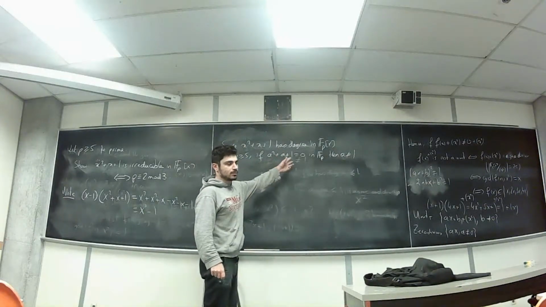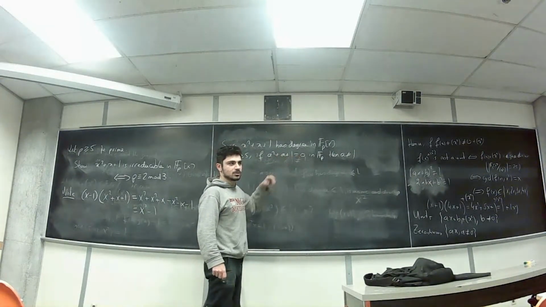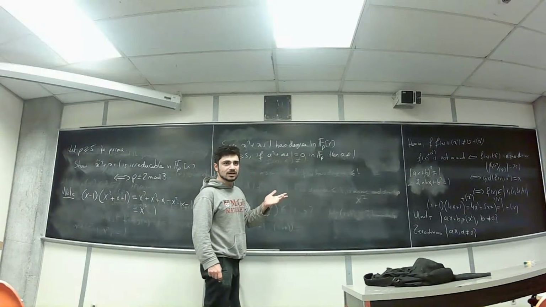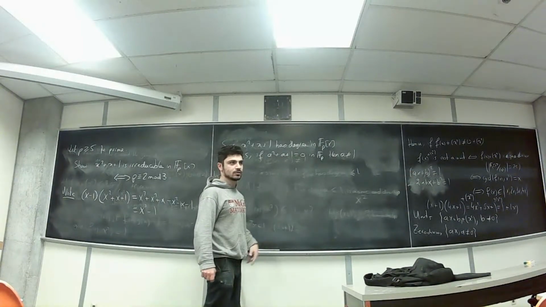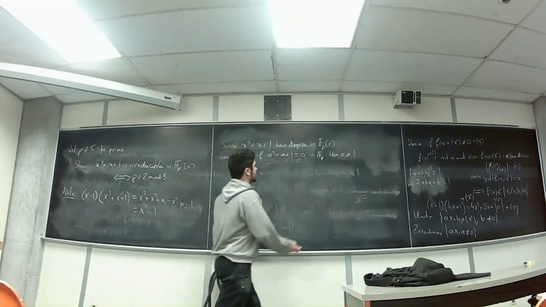Because 3 cannot be congruent to 0 mod p if p is greater than 5, right? You see that? If p is greater than 5, 3 cannot be congruent to 0 mod p. And a is different than 0.